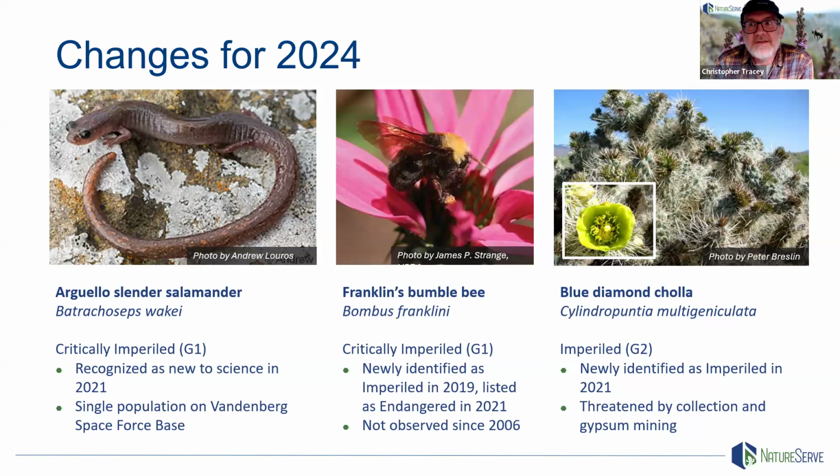The bumblebee and cactus were newly identified as imperiled just within the past few years. So this really illustrates that our understanding of biodiversity is constantly changing. And the MoBI 2024 species list is about 20% different than the original MoBI list due to these types of changes. So this is really highlighting the important work that NatureServe and the NatureServe network does to keep our information current. So just putting in a little plug there that we need support to keep this information up to date. Next slide.